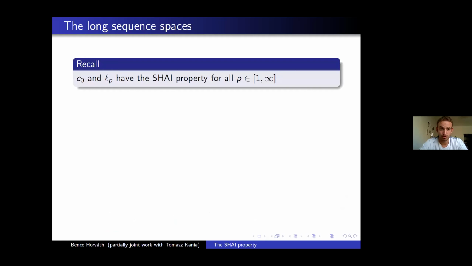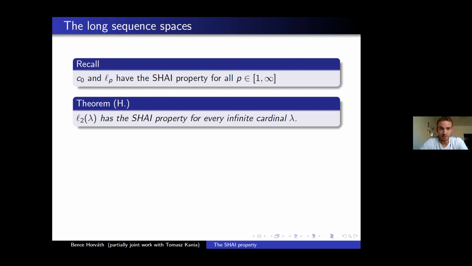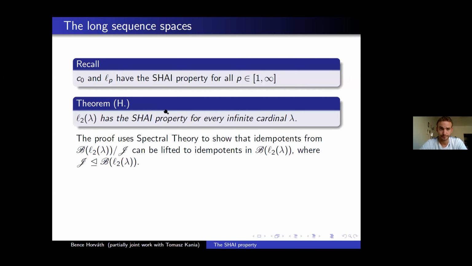So recall that we know now that c0 and all the lp spaces have the Xi property. What about the non-separable versions? In the first paper I was able to show that all the non-separable Hilbert spaces have the Xi property. But the proof relied very much on spectral theory.